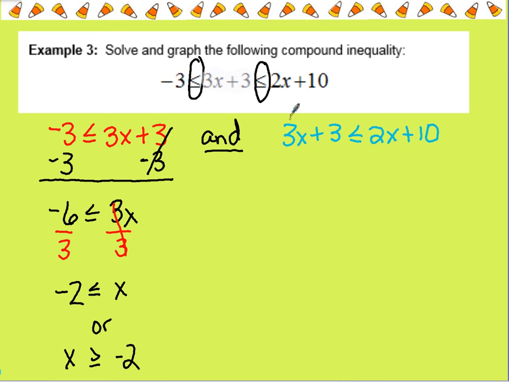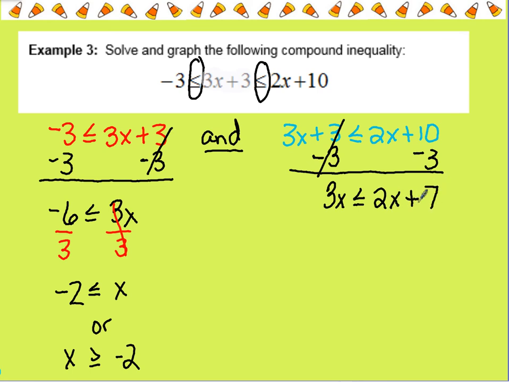Over here on the right, I can still follow the steps I did over here, or since it's a little bit more complex, the steps might be slightly different. So let's see what happens. I can subtract 3 from both sides, making sure I put it underneath the 10 because they are like terms. Now this time, I'm not ready to divide by 3 yet because I have a variable that appears on both sides, so I must get them together.